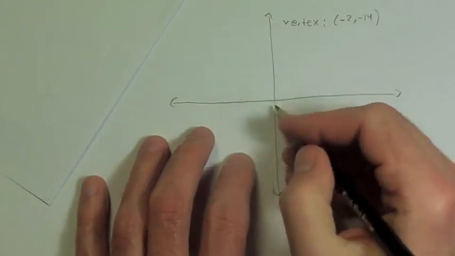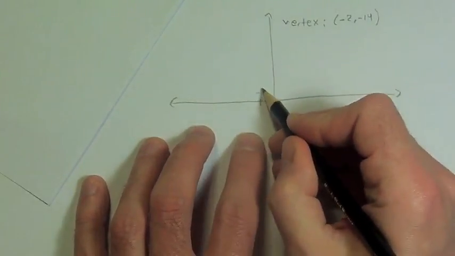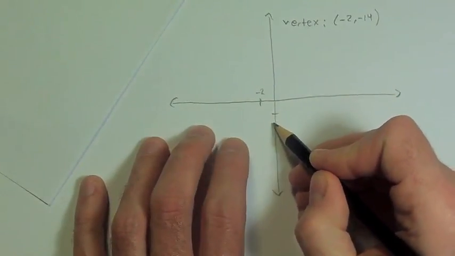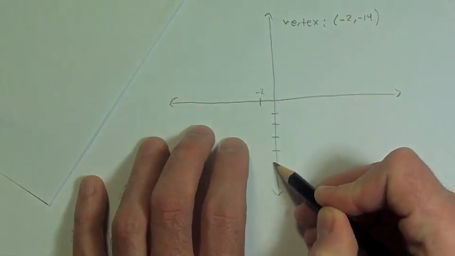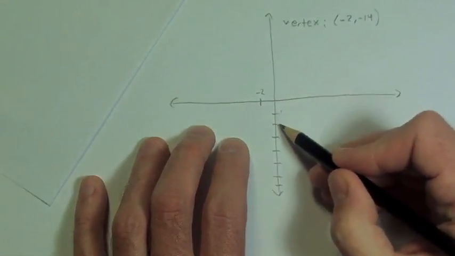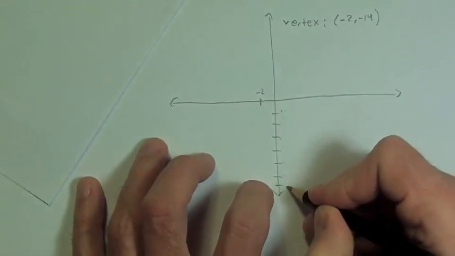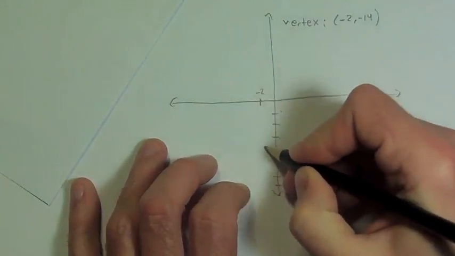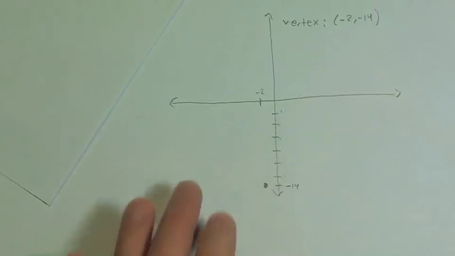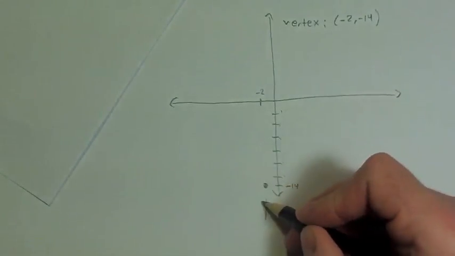So negative 2, I'll make that negative 2, and then 2, 3, 4. Since these are going by 2s, 2, 4, 6, 8, 10, 12, 14, so that'll be negative 14 there. Alright, so there's where my vertex lives.